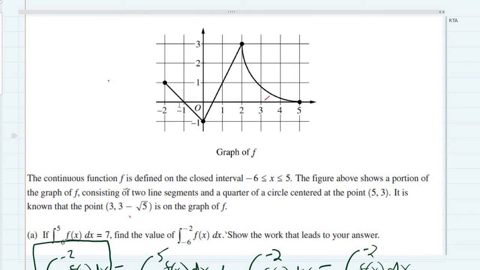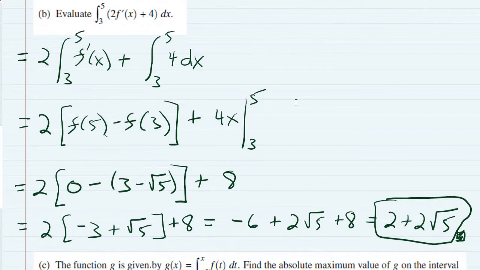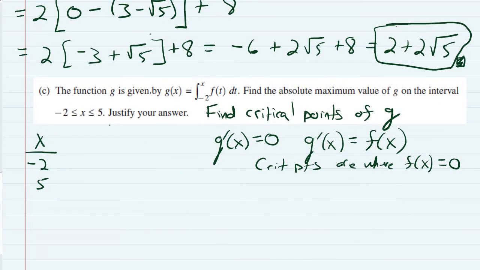It's going to be at negative 1, 1/2, and 5. Okay, so that is going to be at x equals negative 1, a positive 1/2, and 5.